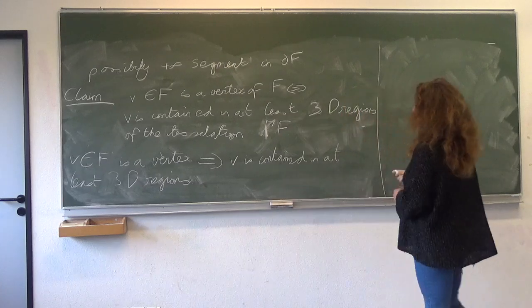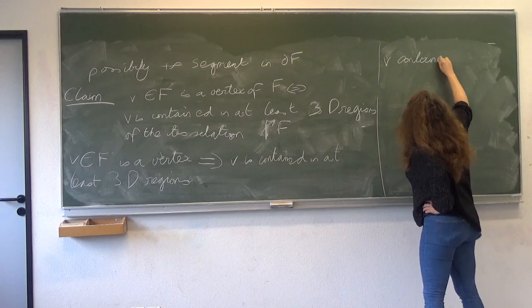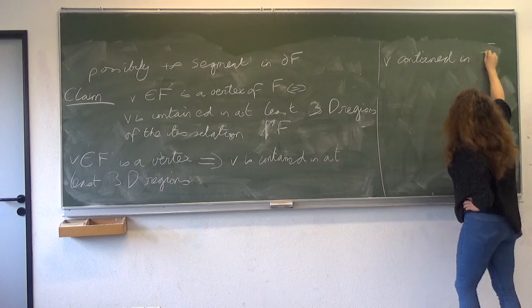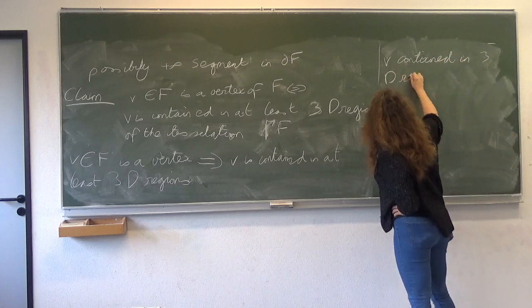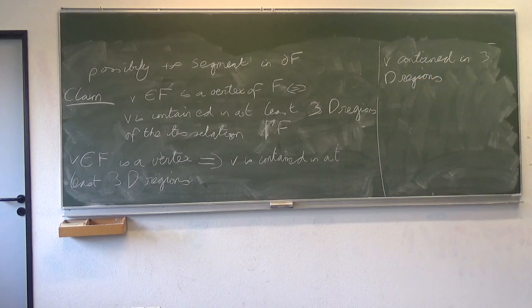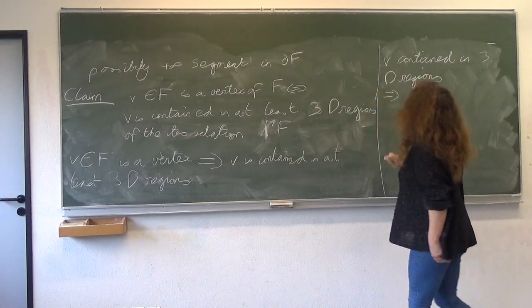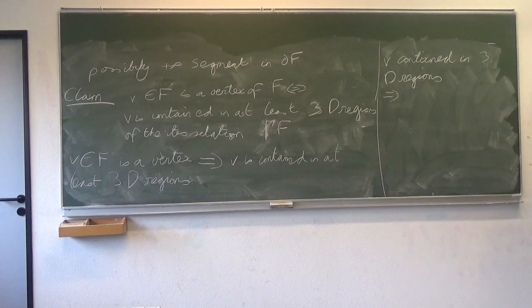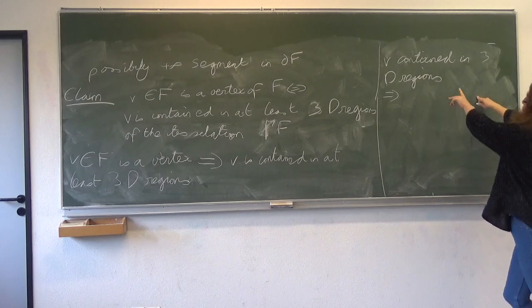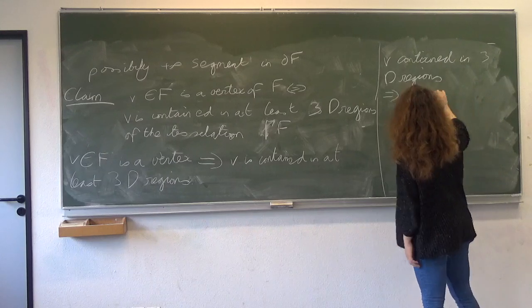Now, the thing that needs a little bit more work is the following. If V is contained in at least 3 Dirichlet regions, then V is a vertex.